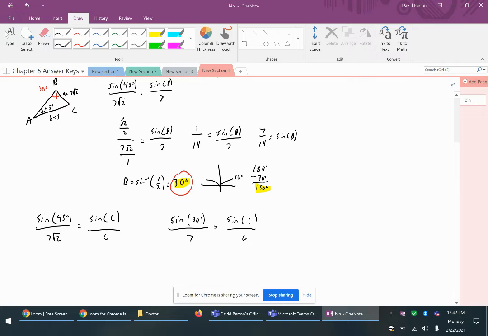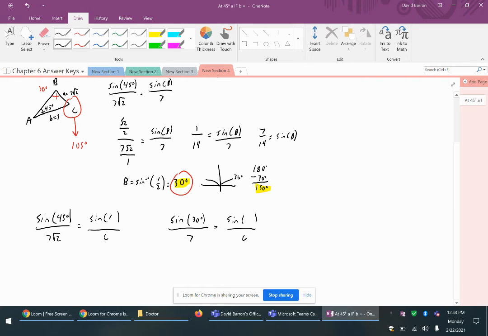And I know that C is going to be 105 degrees because I could add 30 plus 45 to get 75 and subtract that from 180. So I could substitute that in here for my angle C.